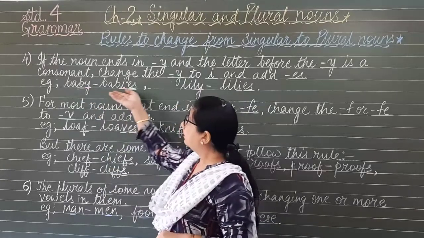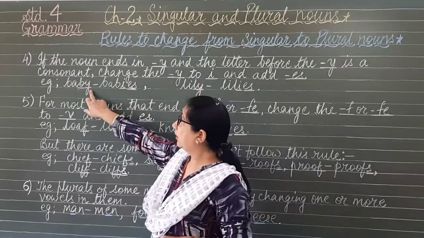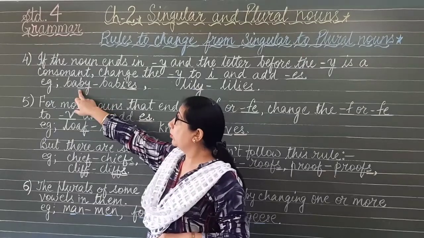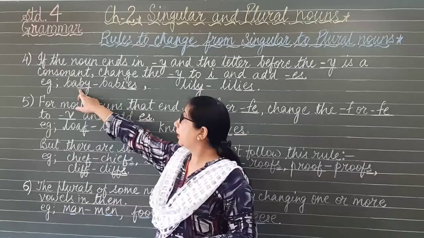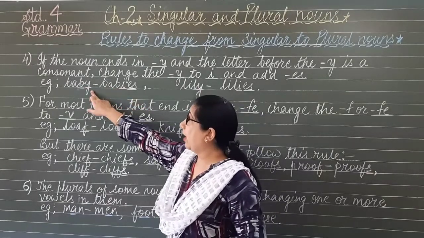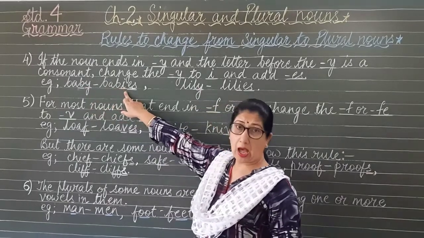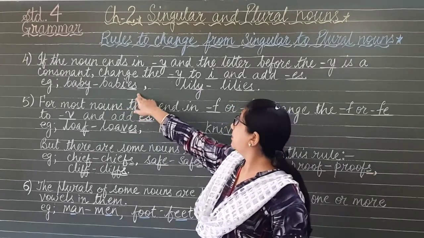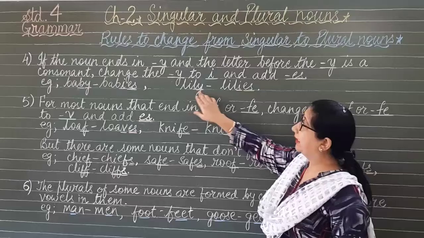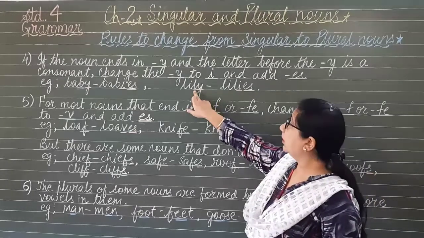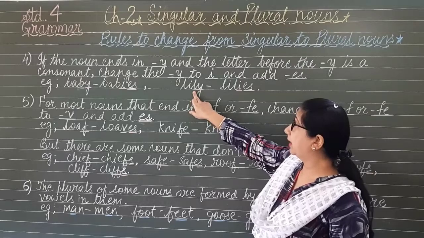बेबी, babies. What is here? Y at the end, and it is preceded by a consonant. B is a consonant. So after B, we have to replace Y with I and add es at the end. Similarly, in the next word also, lily, ending with Y, preceded with a consonant letter.